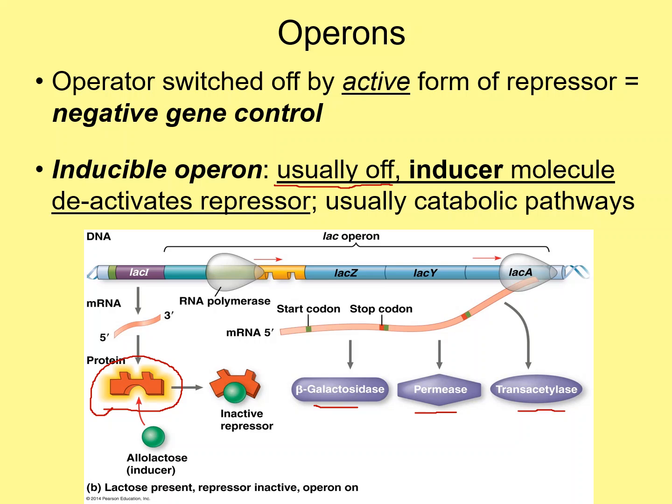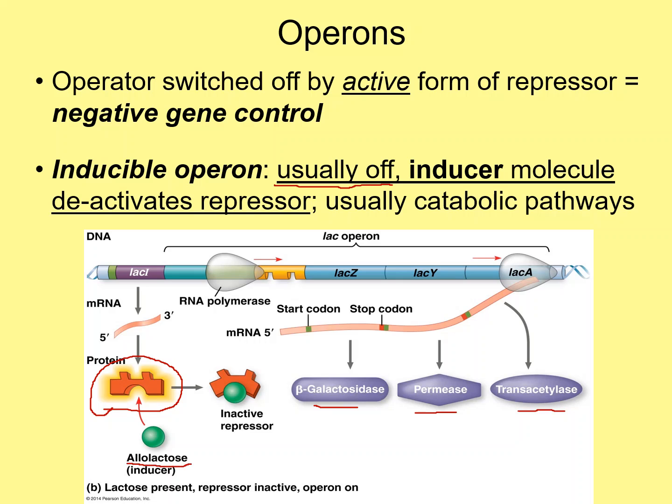So that regulatory gene that makes the repressor molecule is going to make it in its active form. And so basically the operator is always bound to the repressor. The operon is always off, except when lactose is present. And guess what? Guess who's the inducer? Allolactose. This is a form of lactose.